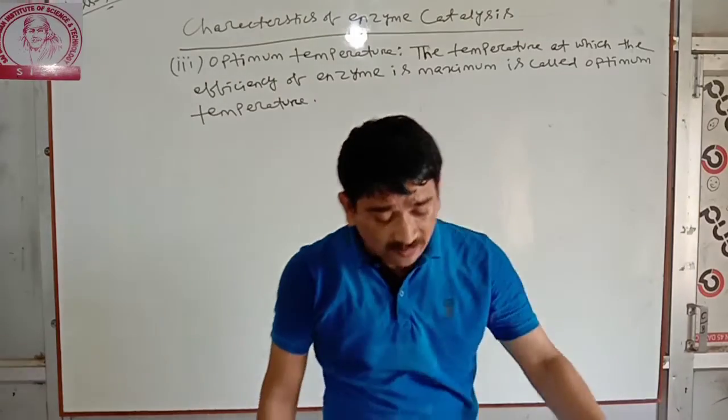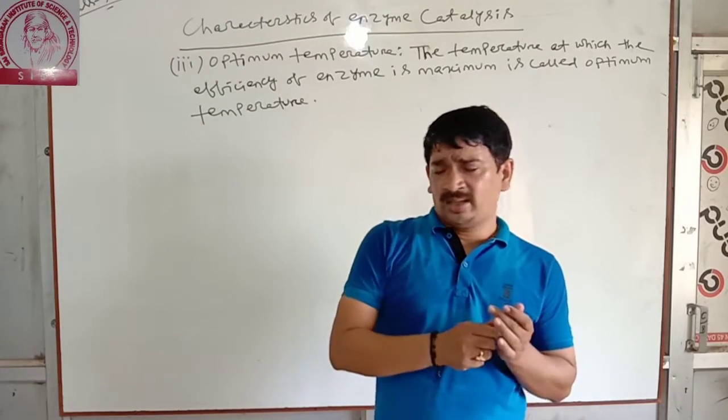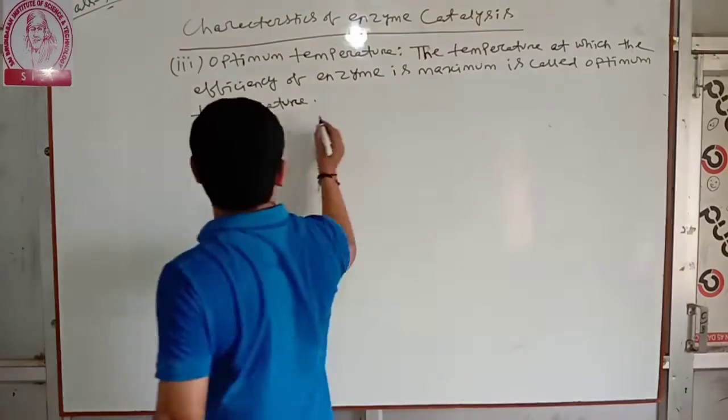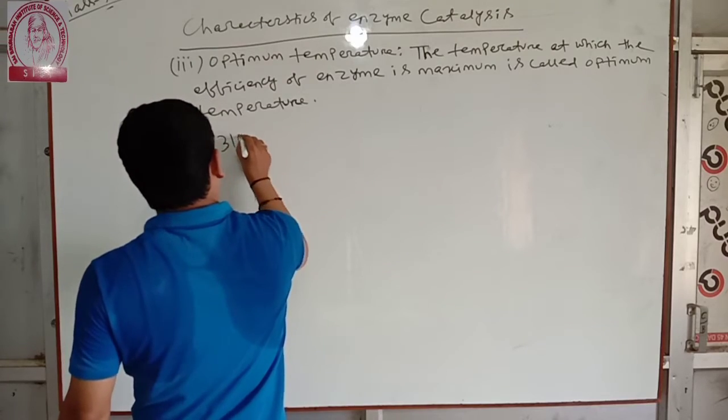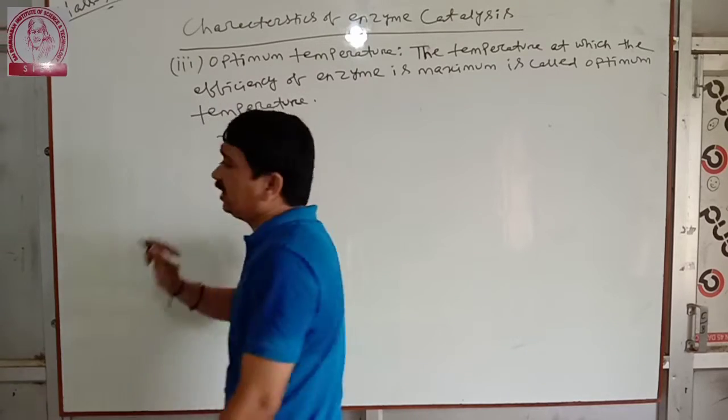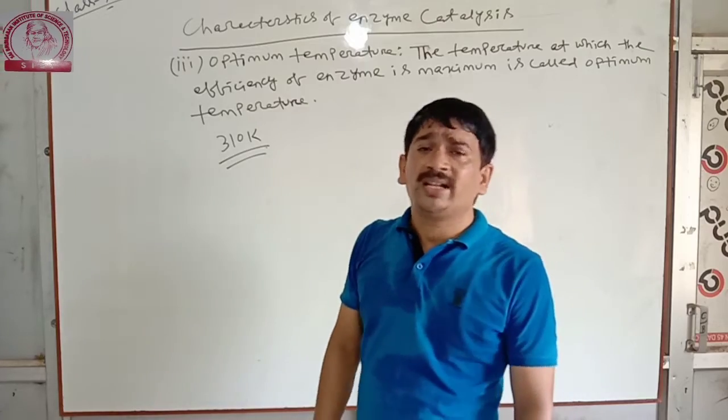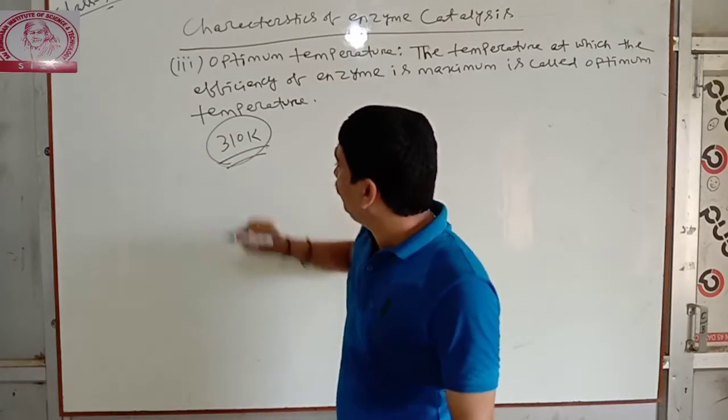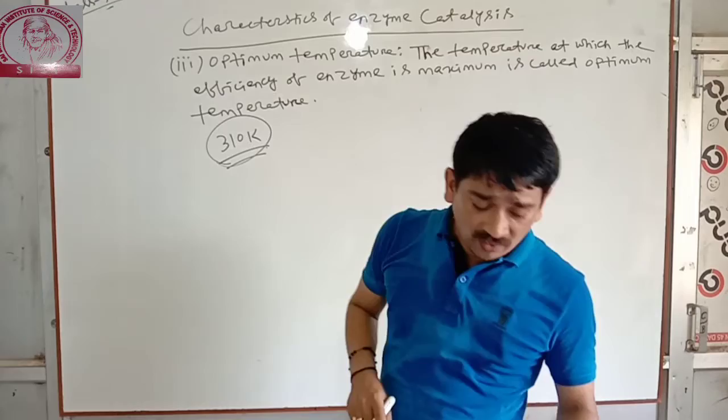Human body temperature, that is 310 Kelvin, or 37 degree centigrade, is the optimum temperature for the human body.